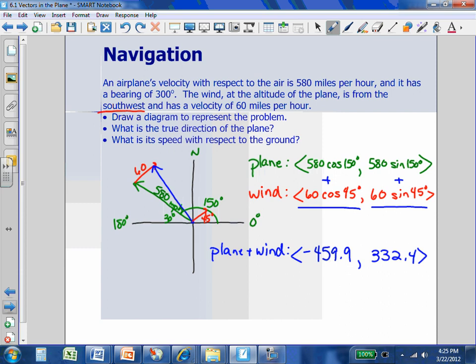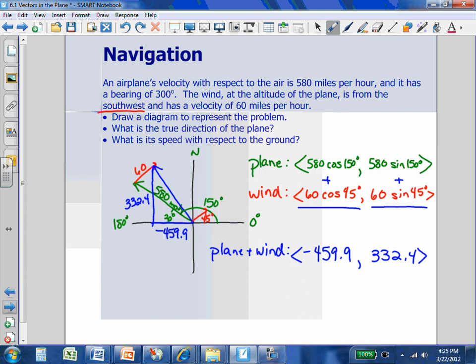So there's my vector for my final spot for my plane. So that means that this part right here is negative 459.9, and the vertical component for the blue one is 332.4. So that's where it will actually end up if it doesn't adjust for the wind.